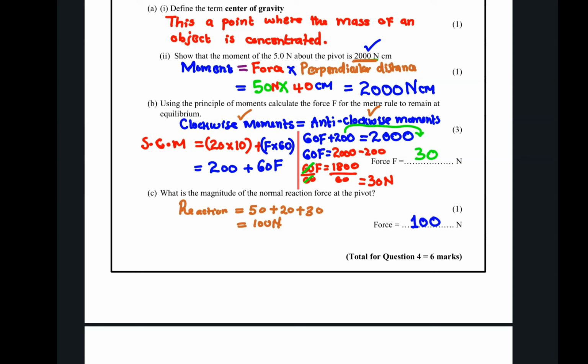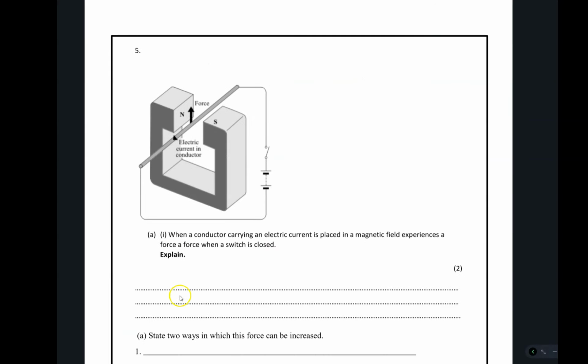Going further to the next concept so that we can check, we are talking of electromagnetic induction. We are told when a conductor carrying current is placed in a magnetic field, it experiences a force when the switch is closed. This is a concept that we learned in class, and many times most students find problems in answering questions like this.